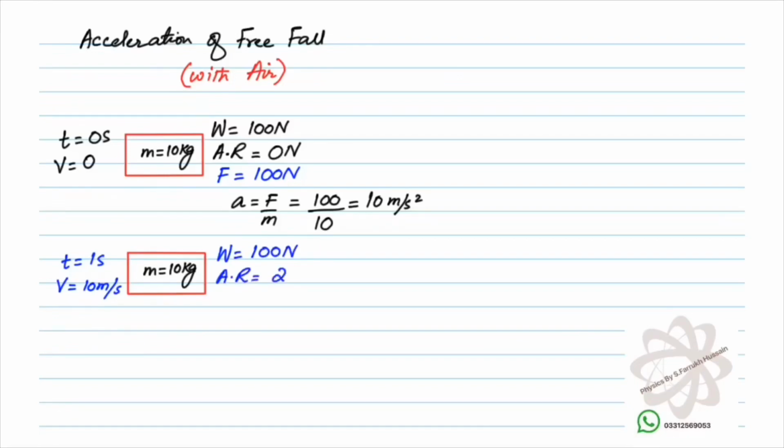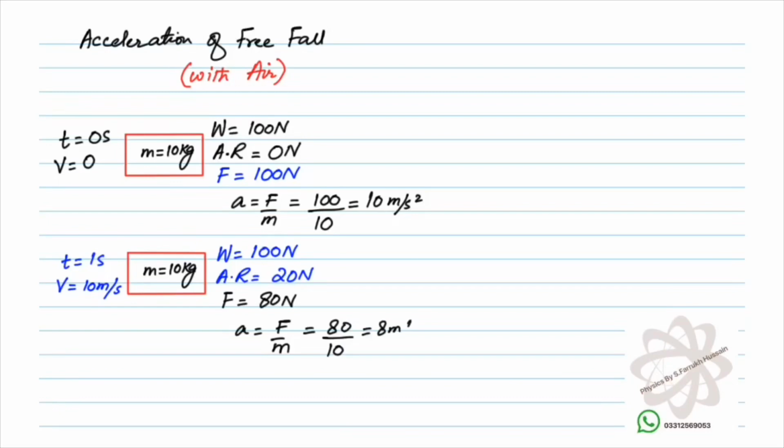The value of air resistance can be any value for understanding. I've taken 20 Newton right now. According to the resultant force calculation, 100 Newton is the force acting downward, while 20 Newton air resistance acts upwards, so the resultant force is 80 Newton and acceleration is now 8 meters per second square.